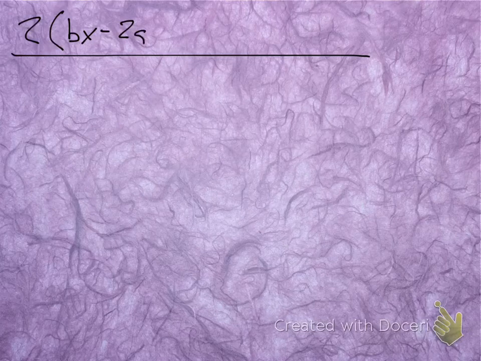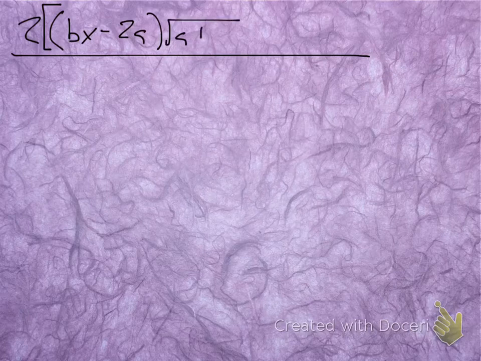Make sure I'm right. Bx minus 2a, great, correct. Bx minus 2a times rad a plus bx. Okay. Great. So you got this.